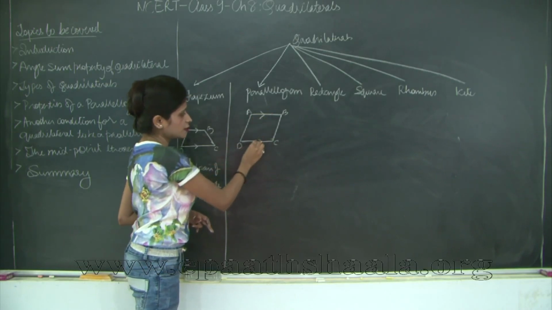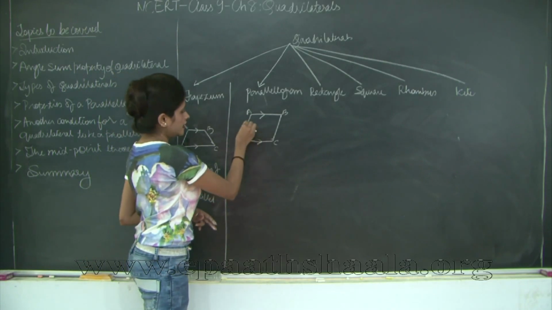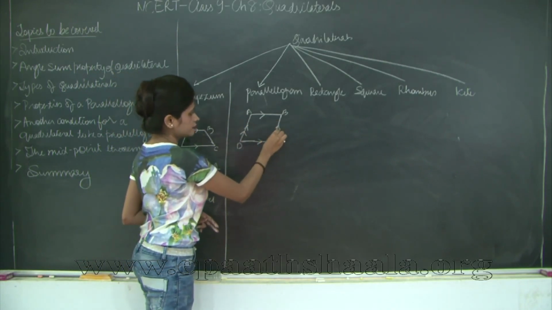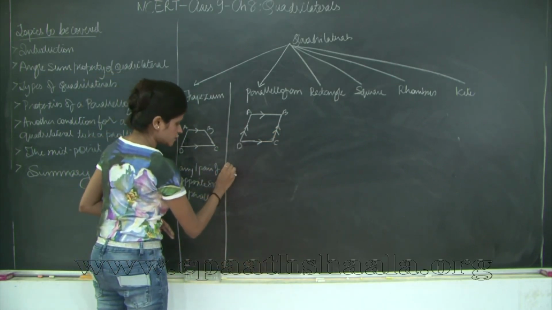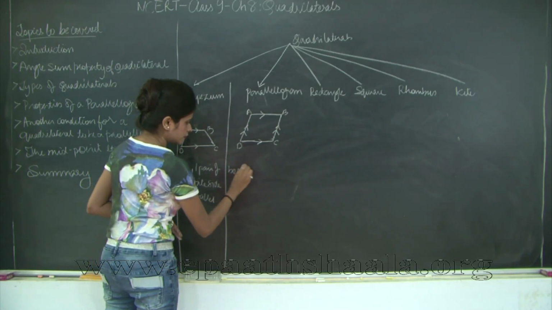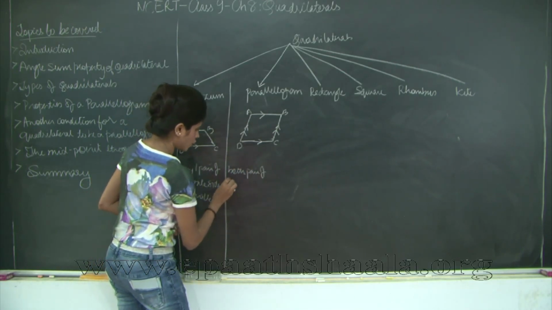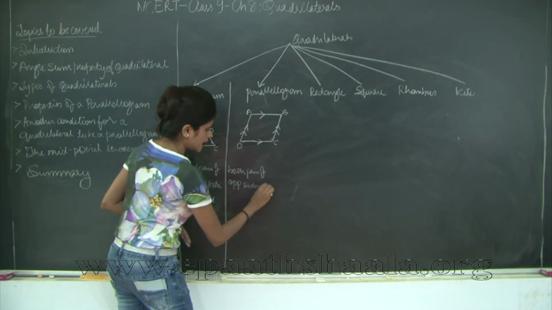Correct? So AB is going to be parallel to CD, and I will have AD parallel to BC. So a parallelogram is a quadrilateral in which both pairs of opposite sides are parallel.